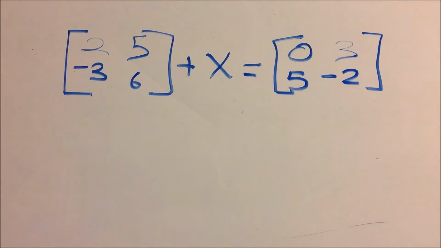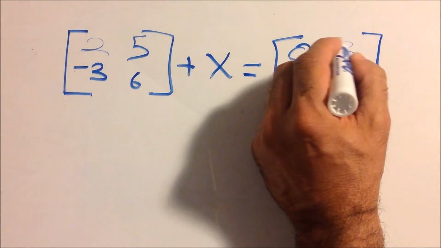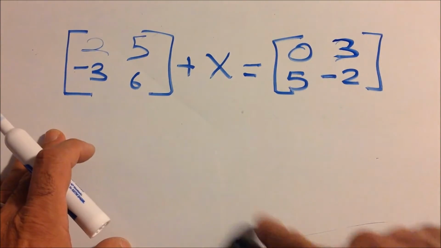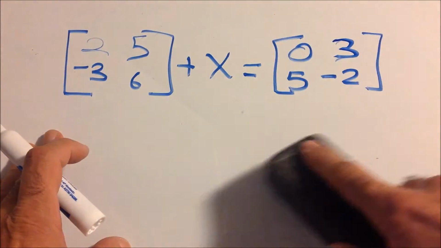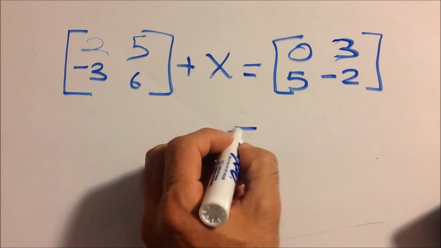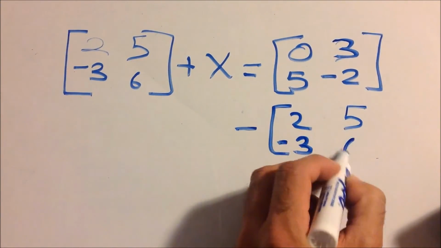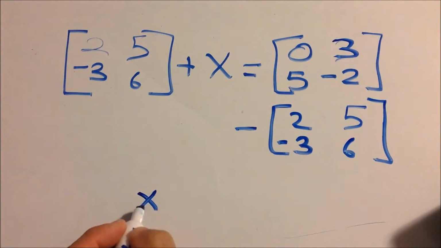Just like we would do a linear equation, we want to subtract this matrix on one side. Whatever we do to one side we do to the other, to find out what x is. So we're going to minus the 2, negative 3, 5 and the 6, and we'll get x.